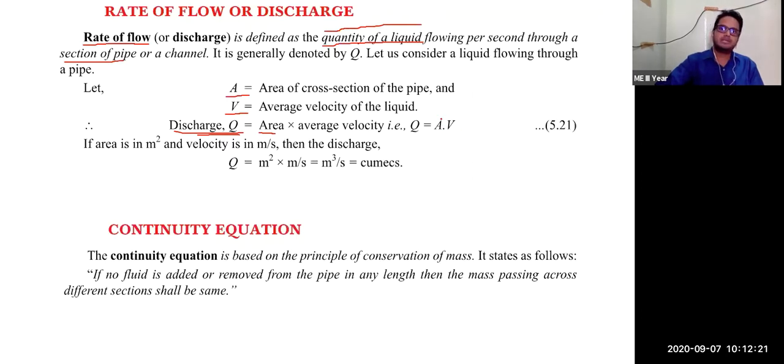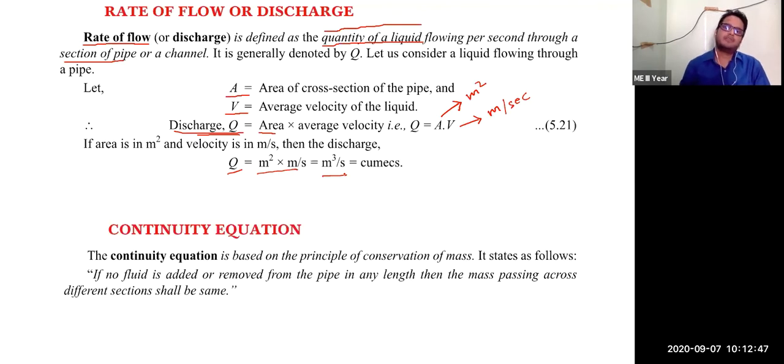Now if you see the unit of area, what is the unit of area? Meter square. And the unit of velocity is meter per second. So discharge Q equals meter square into meter per second, so you will get meter cube per second.